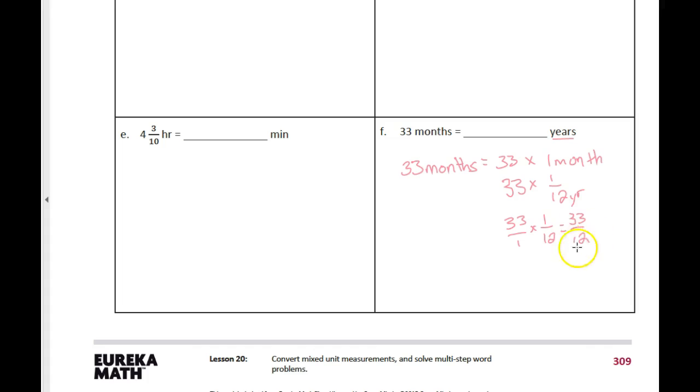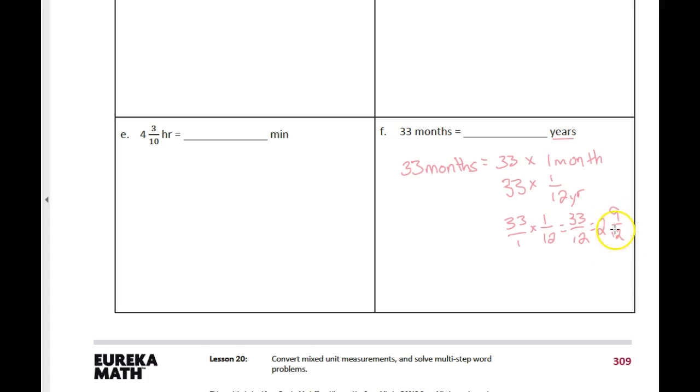If it takes 12 to have a whole, we know that if we have 2 sets of 12, it gets us 24. So there's 2 full years in there. And then think about the difference. What do you add to 24 to get to 33? If we go 24 to 34, that's 10. So 33 is 1 less than that. So it's going to be 9/12.